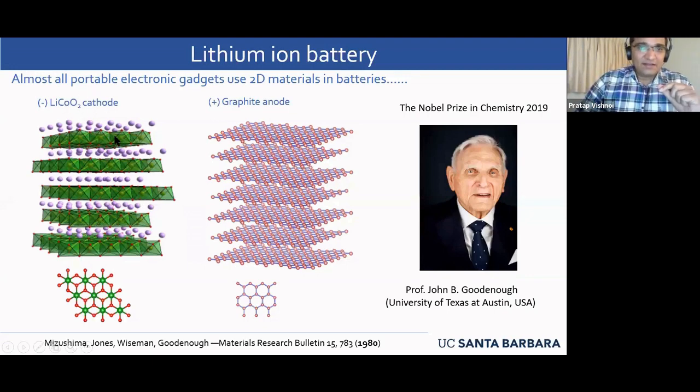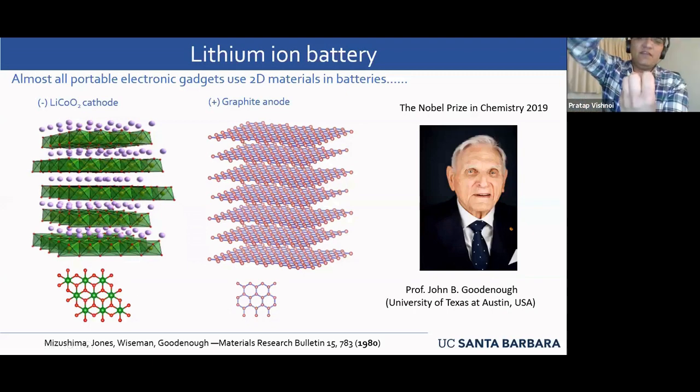And these are layered materials. Look at the layer of the lithium cobalt oxide. Lithium ions are not part of the layer, but the layers are made of cobalt and oxygen. This is how it looks, where the green one is cobalt and the red one is oxygen. Suppose this is cobalt.